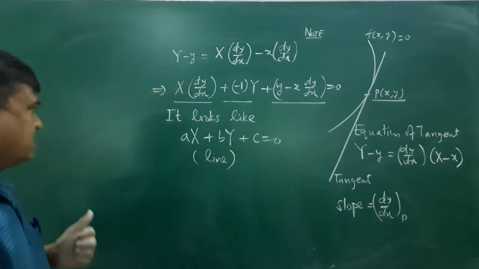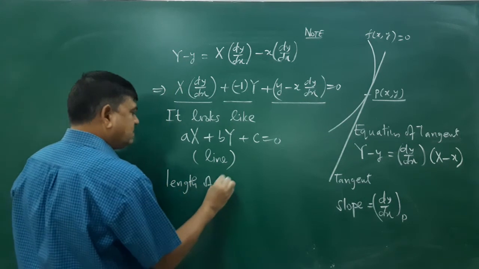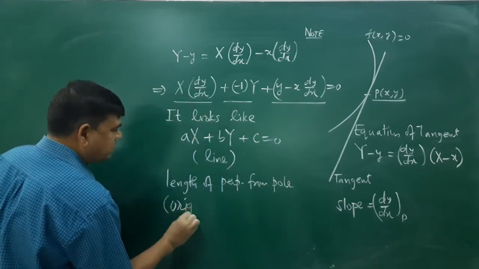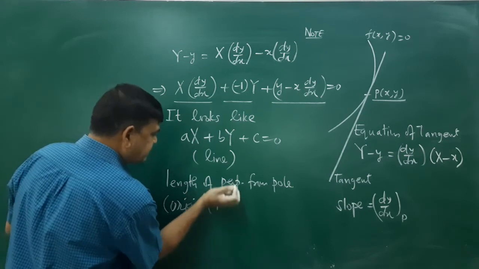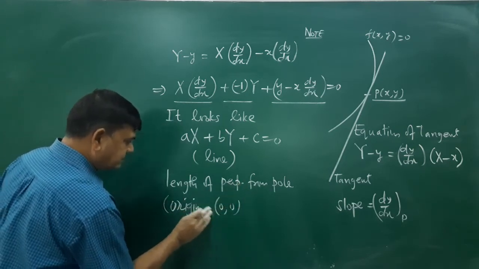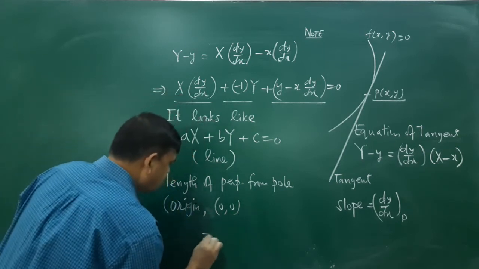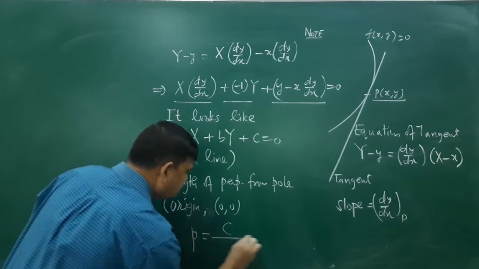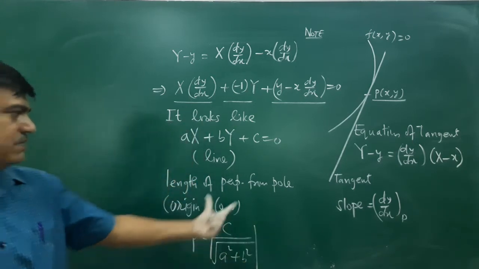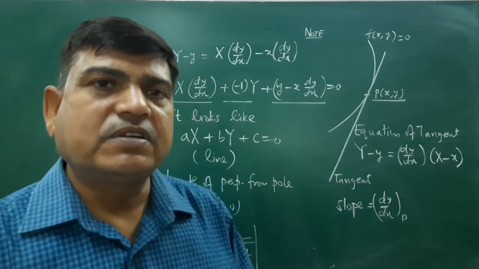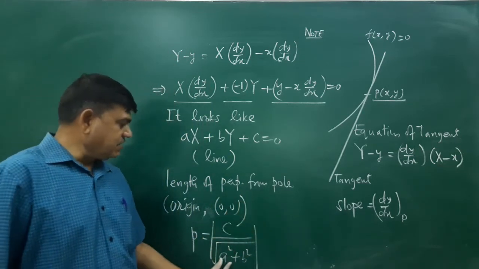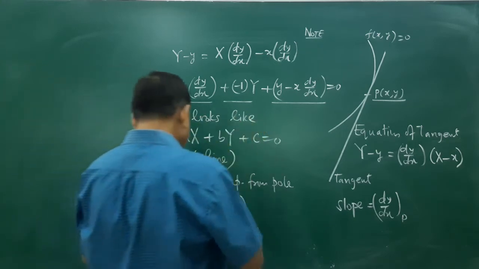And you should remember the length of the perpendicular from the pole. Here, I call the origin 0, 0, that means from the pole. What was told? p equals c upon under root a square plus b square. Do you remember? I had given the formula ax1 plus by1 plus c upon under root a square plus b square. But if the point is 0, 0, then p is given by c upon under root a square plus b square. So here, what is c?